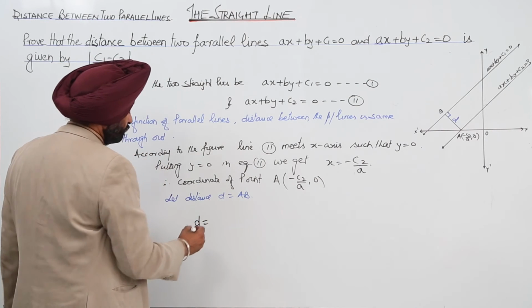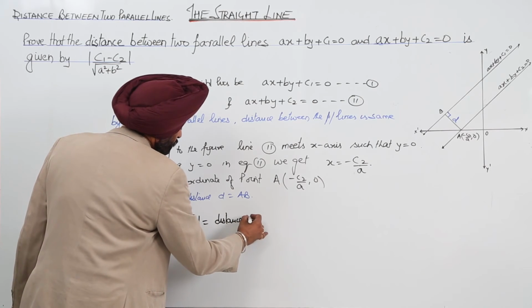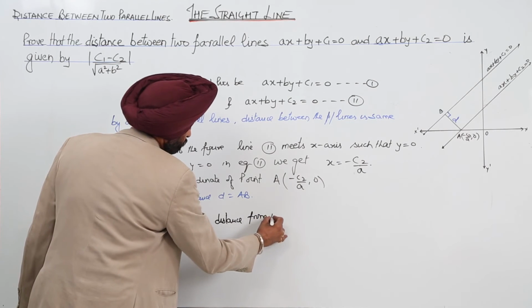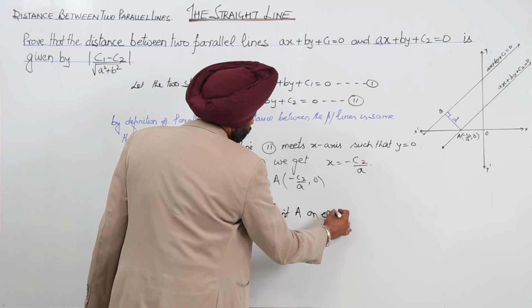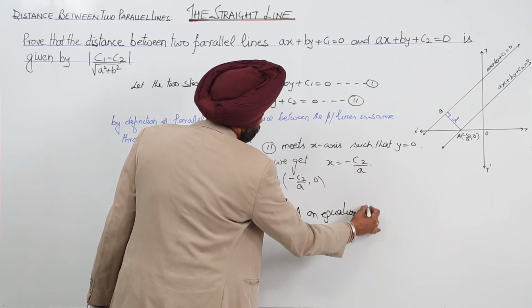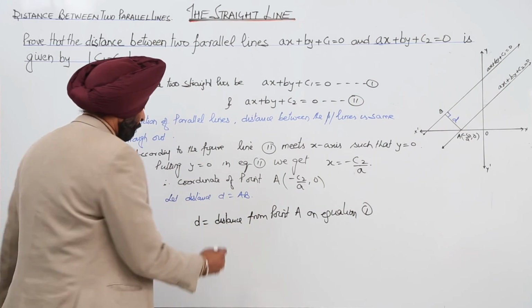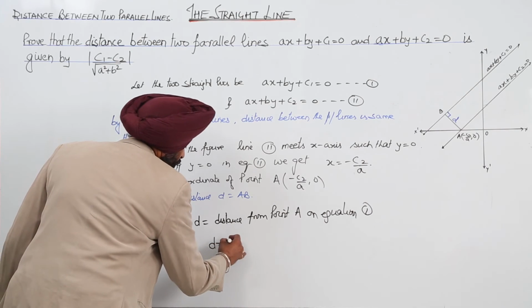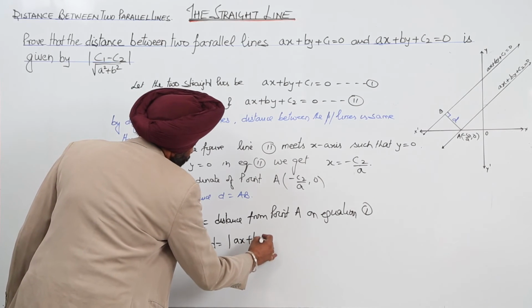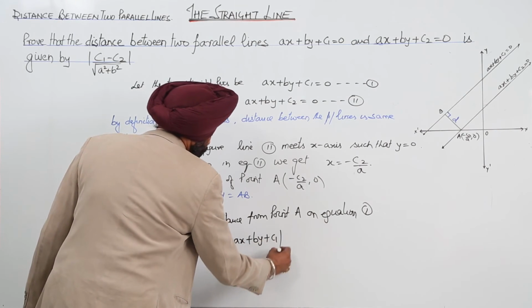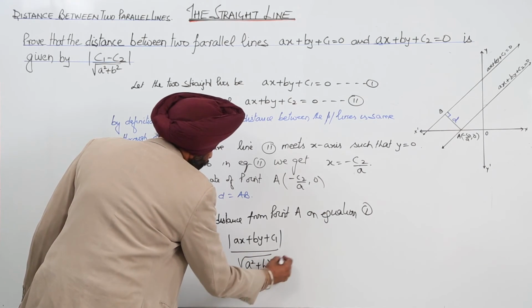Okay. Now D is equal to the distance from point A on equation 1, that is AB. Okay. So D is equal to, now we have the first equation ax plus by plus c1 upon square root of a square plus b square.